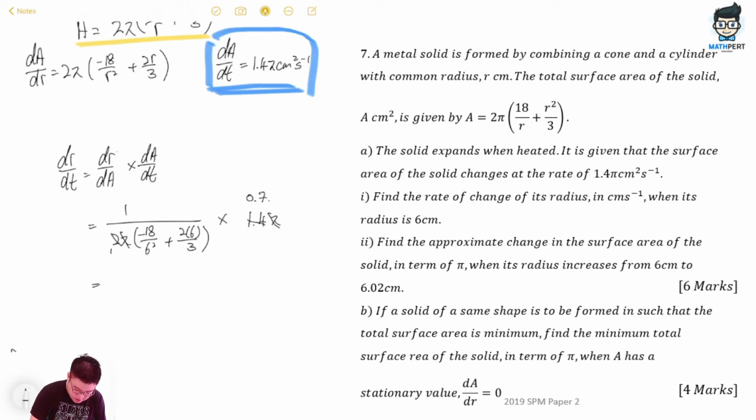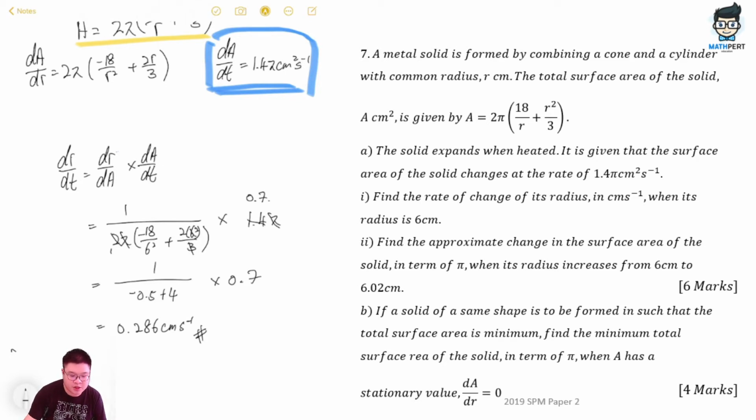Negative 18 over 6 squared will be negative 0.5, plus 12 over 3 is 4, multiplied by 0.7, and our answer would be 0.286 cm per second.